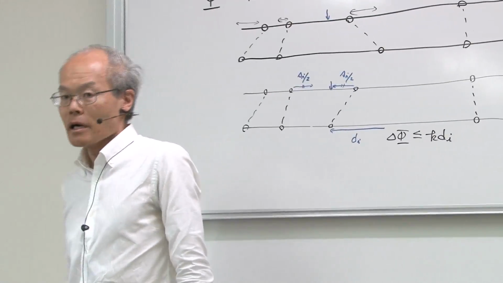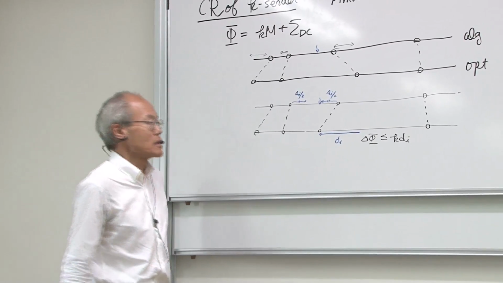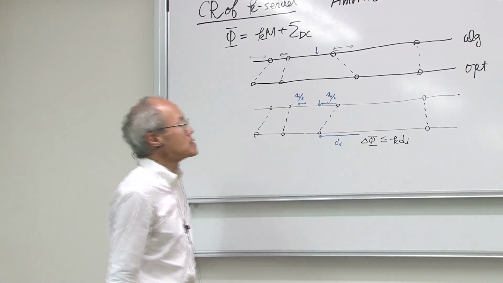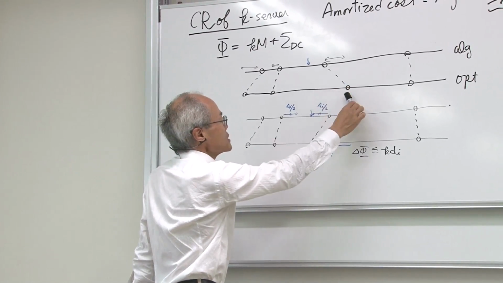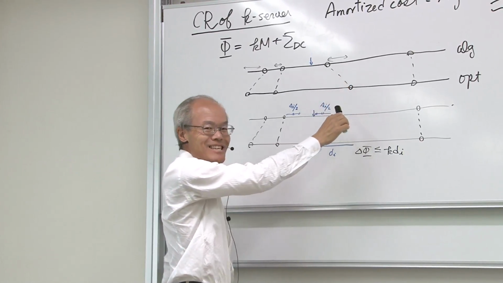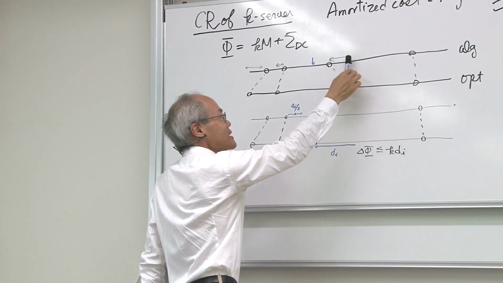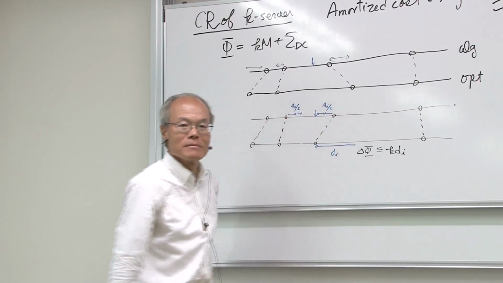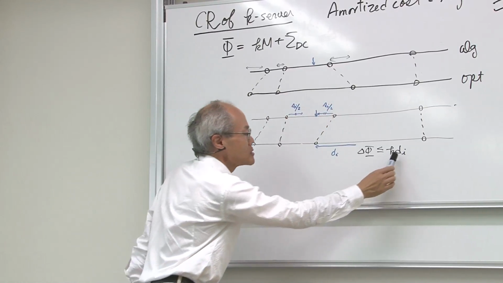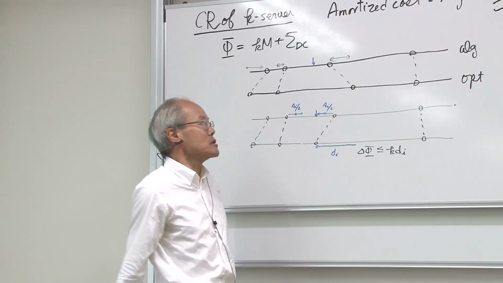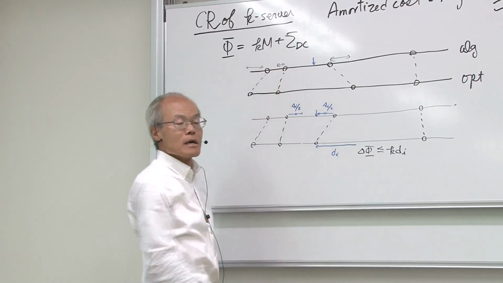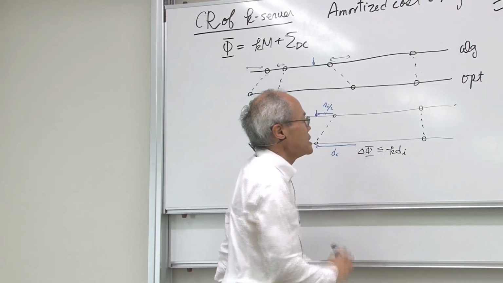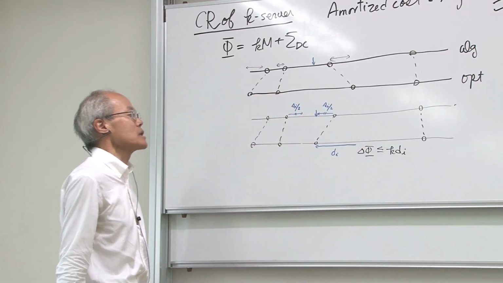In this case, this matching increases. Actually, this is not exactly increasing, but suppose that this server is like this, then this matching increases by at most d_i. That means we have a coefficient of k, so delta psi increases at most k times d_i.